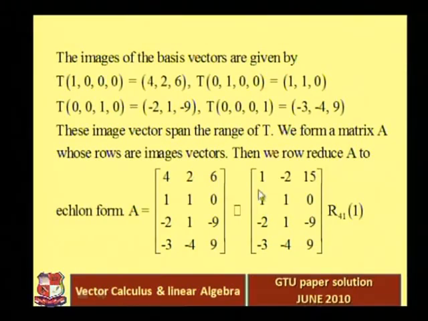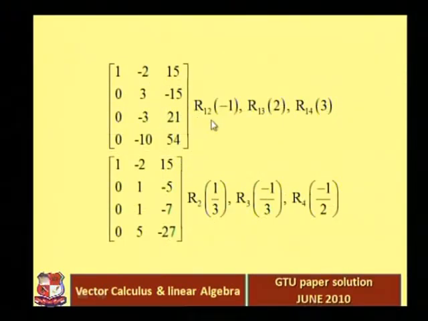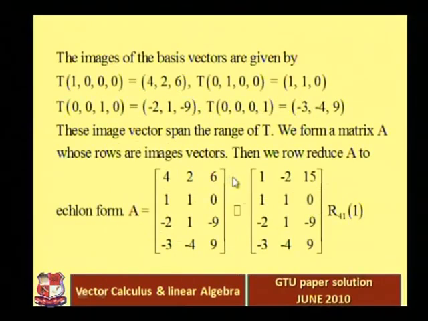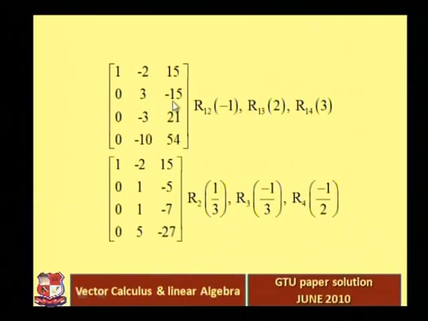So here is the process. We multiply the first row with minus 1 and add into the second row. So what you will get: 1 minus 1 is 0, 1 minus minus 2 is 3, and 0 minus 15, minus 15. So 0, 3, minus 15. Now what is the next process? We multiply the first row with 2 and add into the third row.